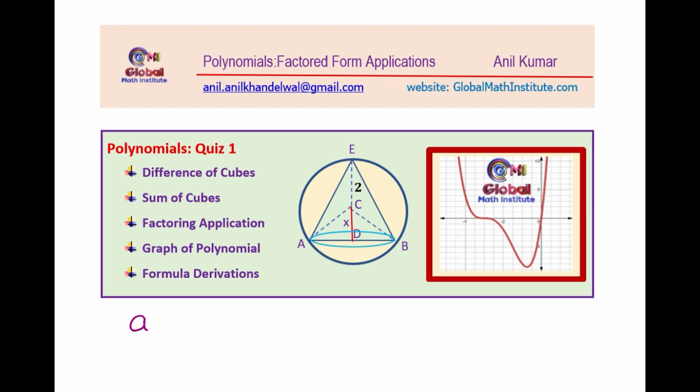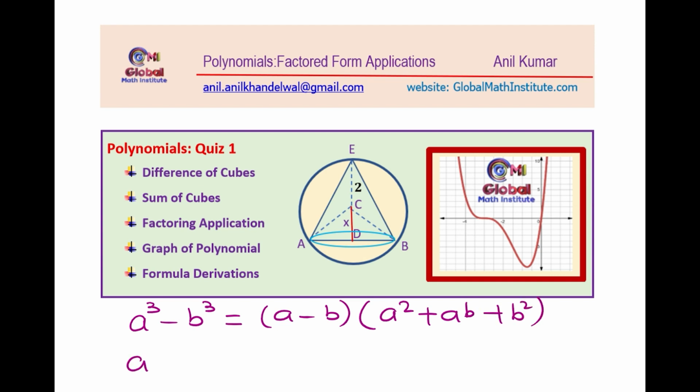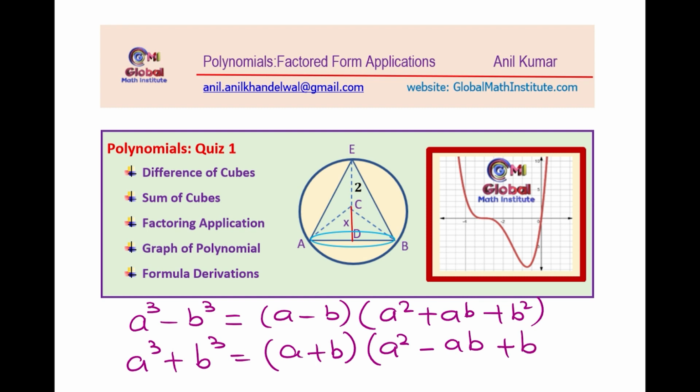I hope you remember the formula. A cube minus B cube is basically equal to A minus B times A square plus AB plus B square. If it is A cube plus B cube, in that case, the first factor is A plus B and the other factor is A square minus AB plus B square.